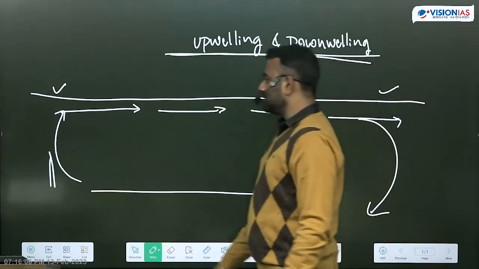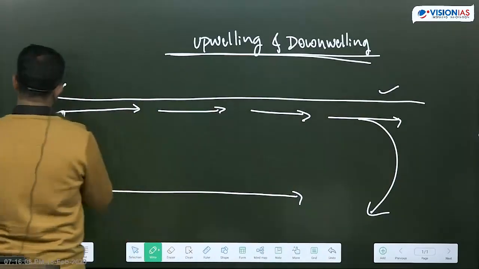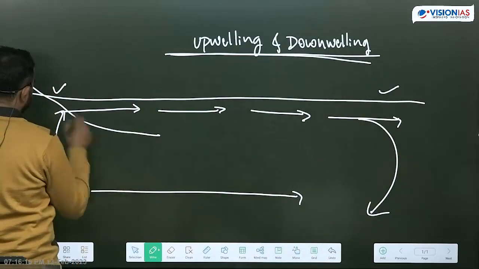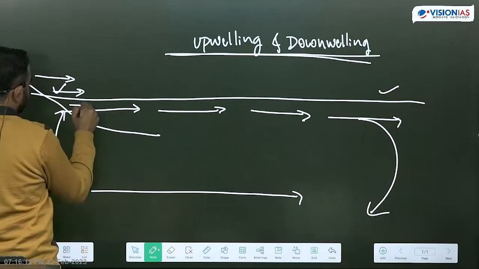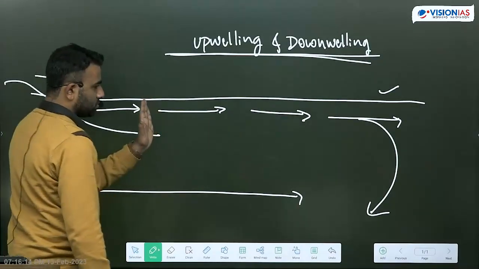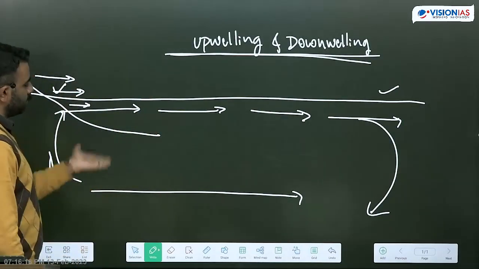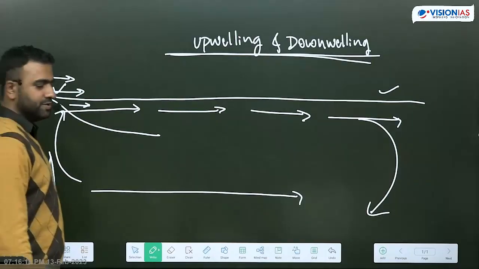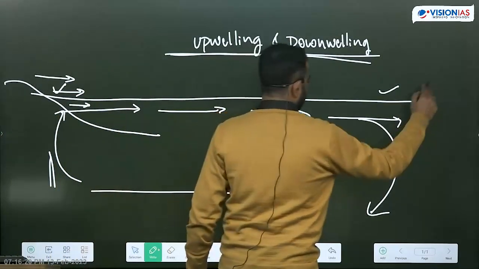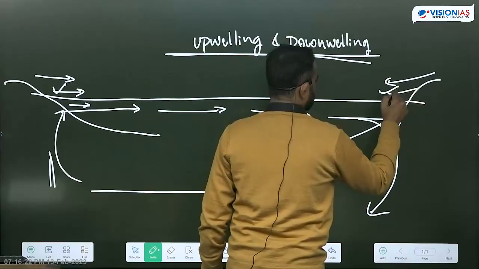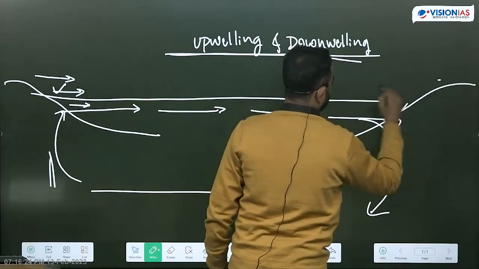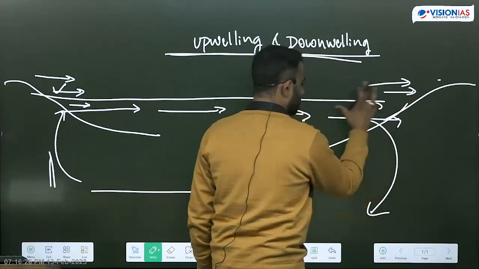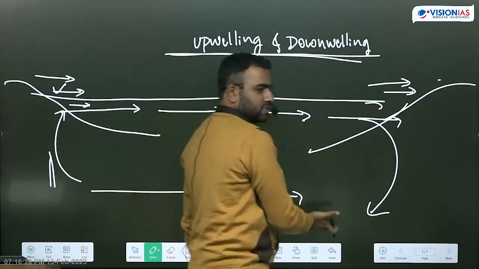So what causes upwelling? Okay, one of the most important cause हमने discuss किया, offshore winds, which will push the water away from the coast, and to fill the gap, the water from the bottom rises automatically upwards. So what causes downwelling? Onshore winds causes the water to accumulate more. It becomes denser and will start to sink down.